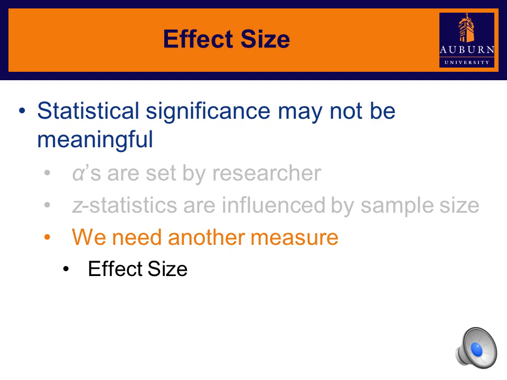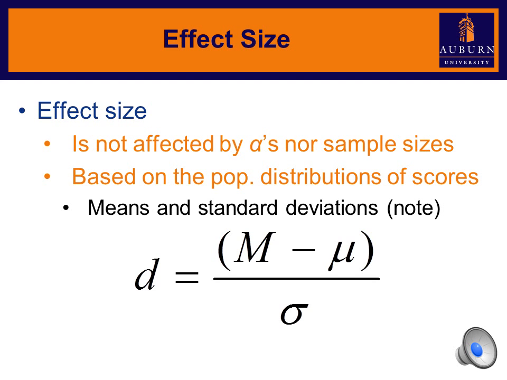So if our statistical decision is affected by subjective components such as the alphas and the sample size, which are both under the control of the researcher, then we need another measure, a less biased measure. And that measure is going to be the effect size. As you might expect, the effect size is not affected by alphas nor sample sizes.